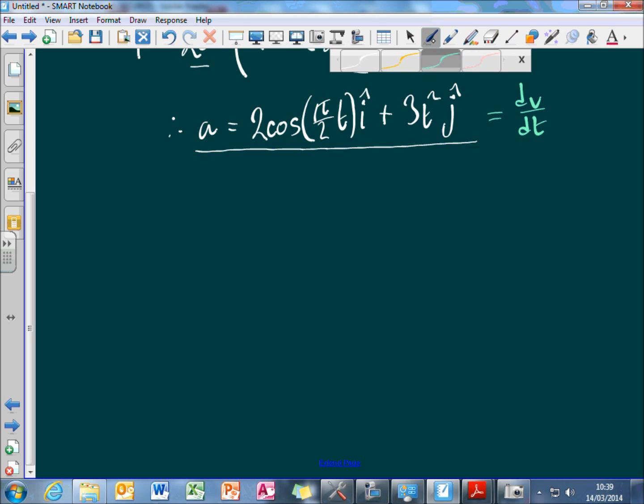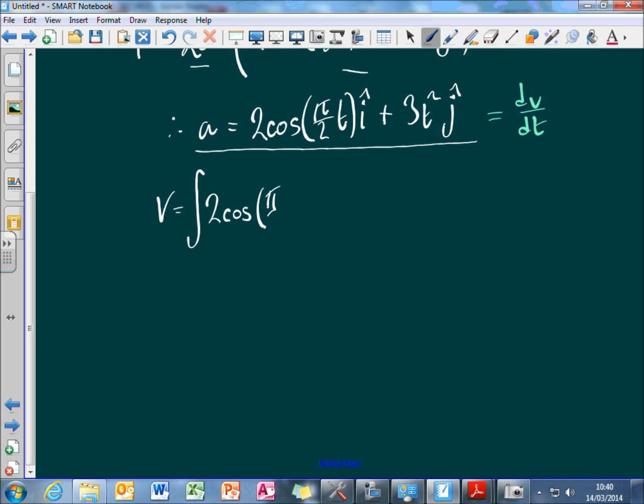So the velocity is going to be the integral of 2 cos(pi over 2 t) i plus 3t squared j with respect to t, dt.